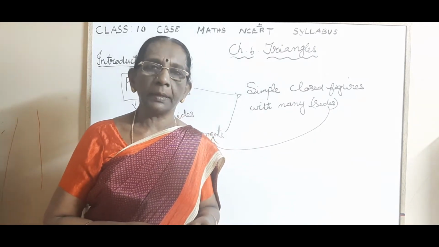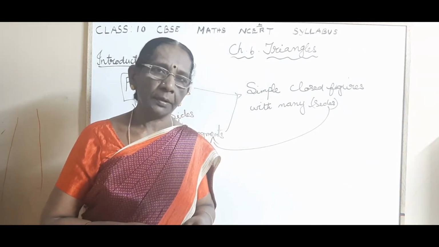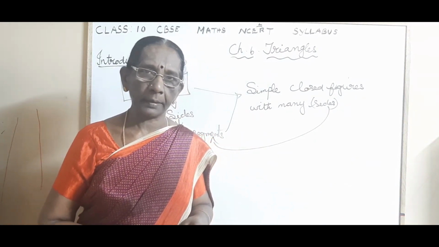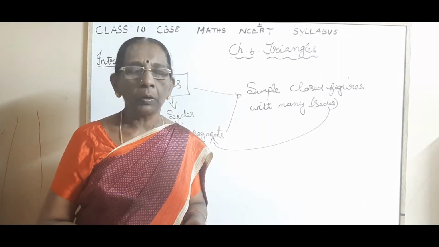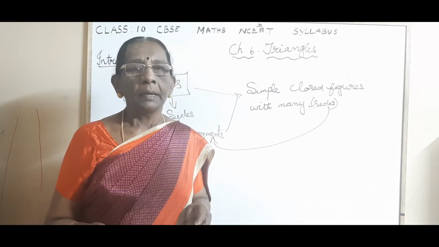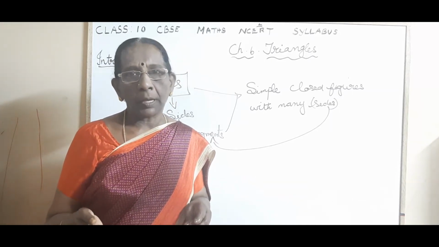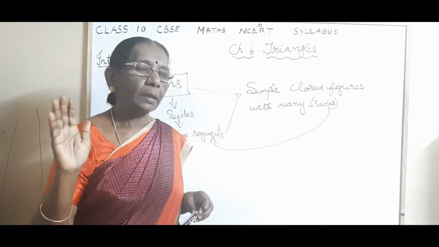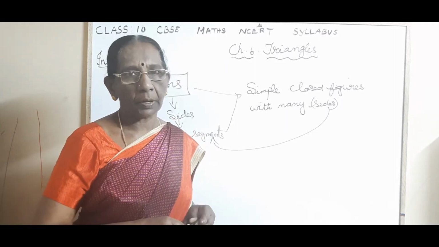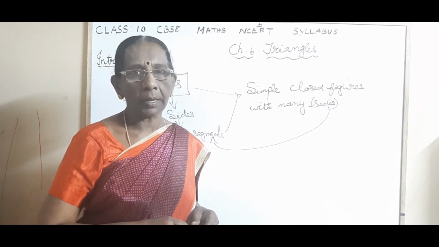A three-sided figure is called a triangle, a four-sided figure is called a quadrilateral, a five-sided figure is called a pentagon. Like that you have hexagon, heptagon, octagon, nonagon, decagon. Like that you have special names for the polygons.